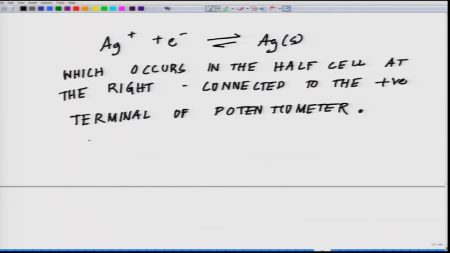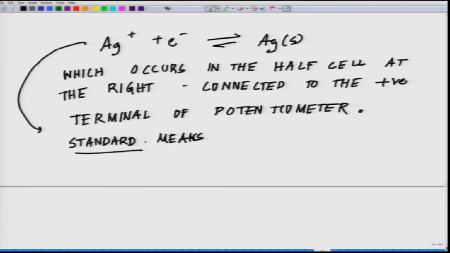Here is one more thing I wish to highlight with respect to this reaction. When we talk about standard potential, we have to say what standard means. Potential we have already defined.